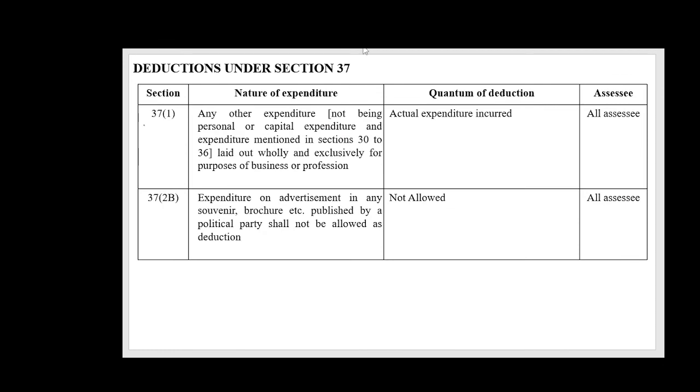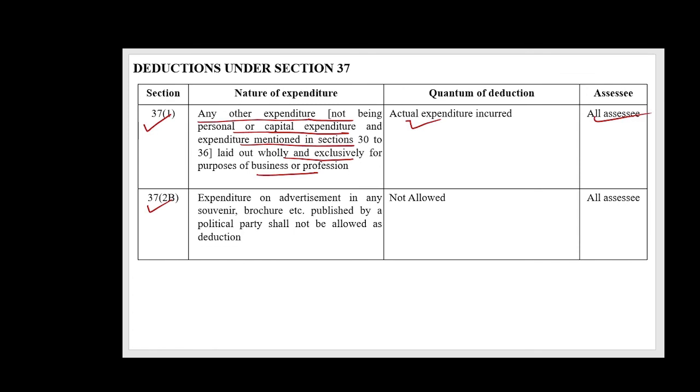Moving to section 37 subsection 1, any other expenditure which is not being personal or capital expenditure and expenditure mentioned in sections 30 to 36 which is laid out wholly and exclusively for the purpose of business or profession. So any other expenditure. Now, whatever actual expenditure is incurred will be available as deduction and it is available to all assessees.